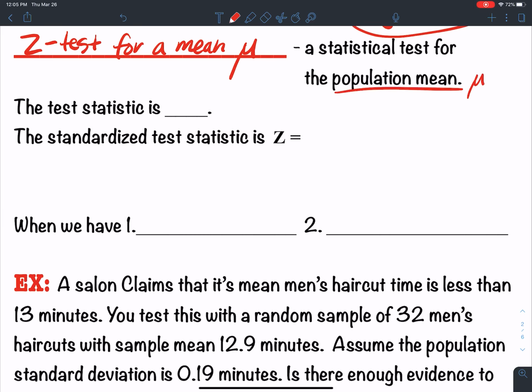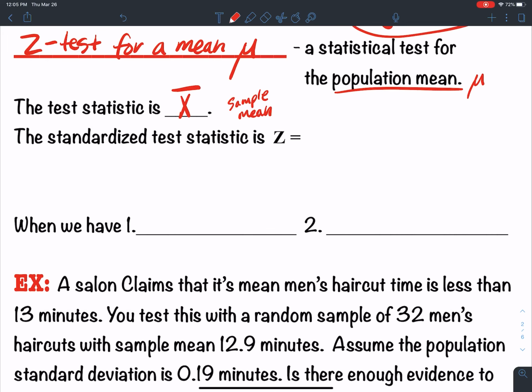Now, if it asks you to calculate the test statistic, the test statistic is x bar, the sample mean. You know how to get the sample mean by now.